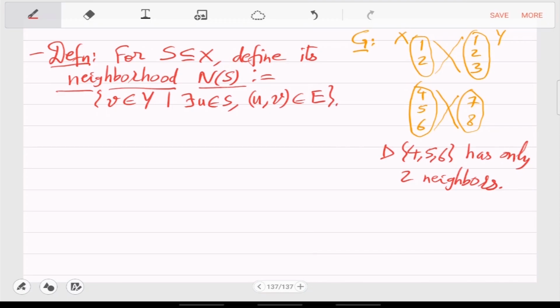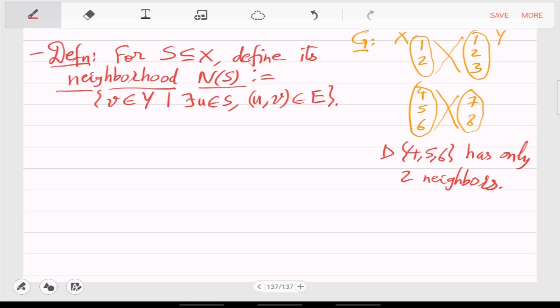Okay, so it is basically, in simple terms, just saying what are the neighbors of all the vertices present in S, the union of that. So that is called the neighborhood of a subset or a set of vertices.